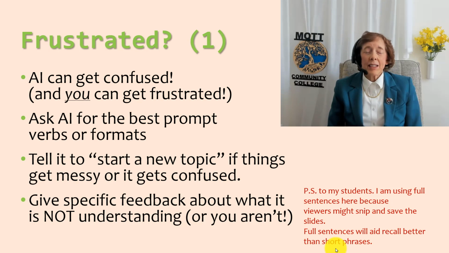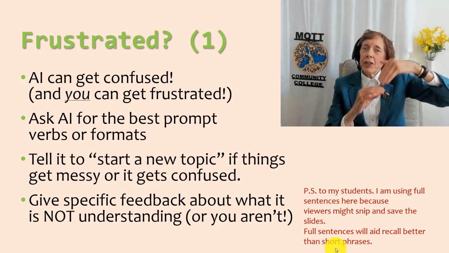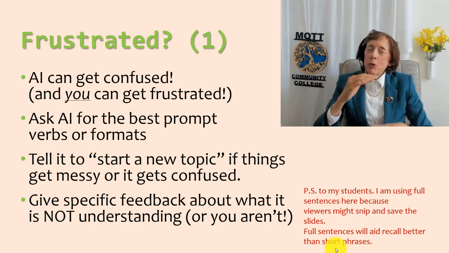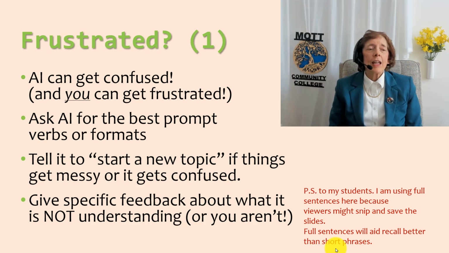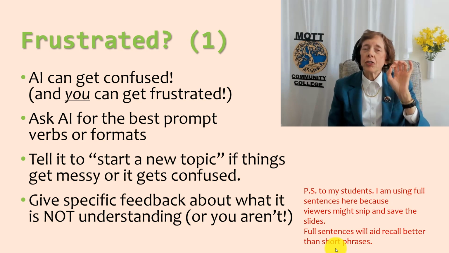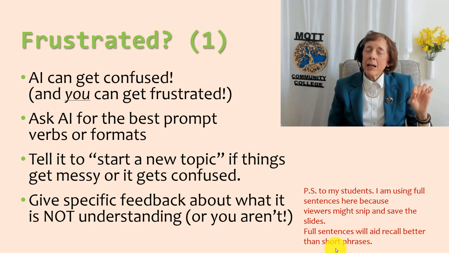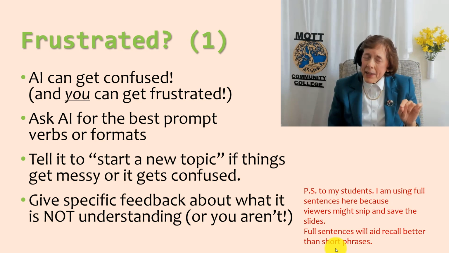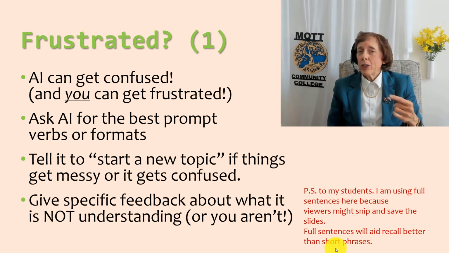Or you can tell it, as I'm also going to do, let's just start a new topic. Let's start over again, and it will forget everything up here and just keep going with a new topic down there. If it's not understanding something, give it specific feedback about what it's not understanding, then it might do a better job and write a new prompt.